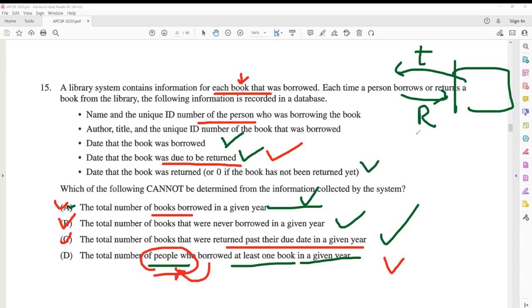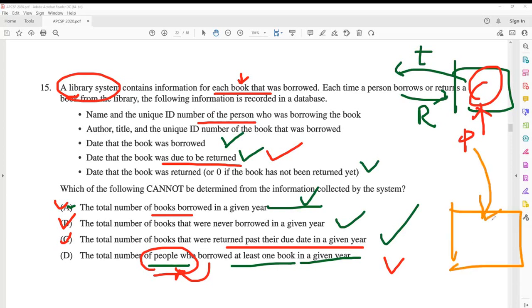Based on the people, this is a library system. The library system only knows about the people who borrow books from this library, but there may be another library that the people may borrow books from.